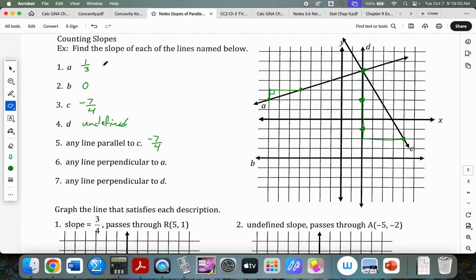The slope of A was 1/3, so perpendicular to that would be, yeah, -3 or -3/1. I'm happy with either one of those. And a line perpendicular to D, 0, yes. A line whose slope is undefined is perpendicular to a line whose slope is 0.